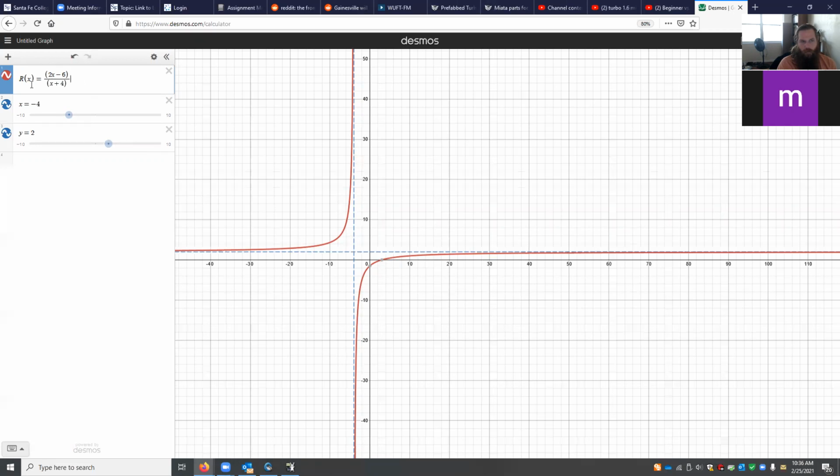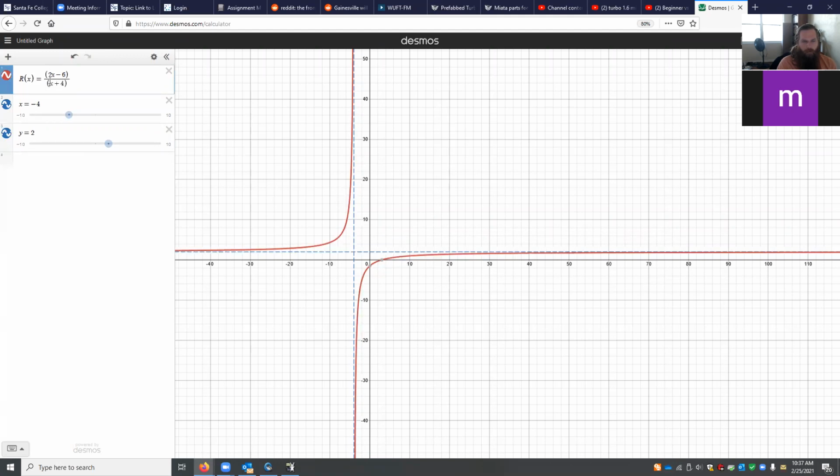Any thoughts kind of where in this expression the y equals 2 that we're seeing here is coming from? Yeah, exactly, Logan. It's the lead coefficient of the top. Now watch this.